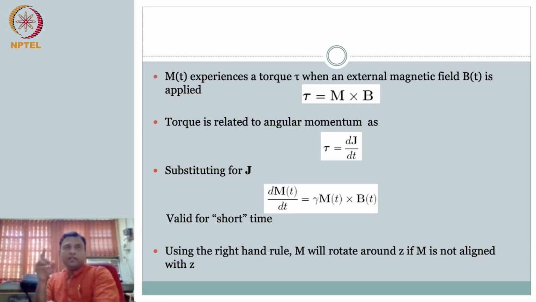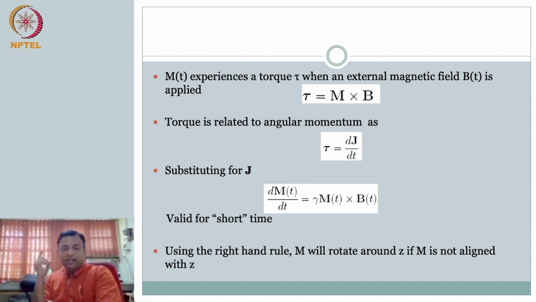What is mv? mv is mass into velocity, which is your linear momentum. So the rate of change of linear momentum gives you your force governing the linear motion.